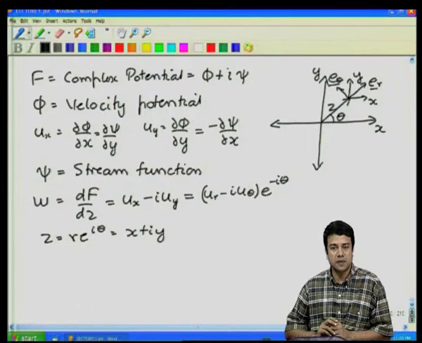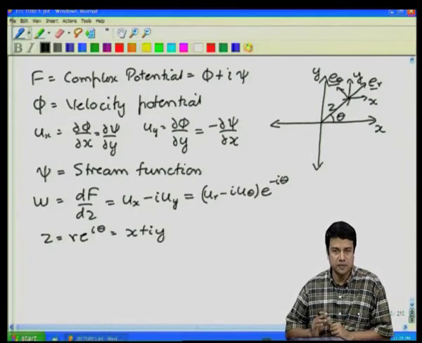The imaginary part represents the stream function for that same velocity field. So, one can ask the question, what velocity fields do common forms of this function represent? Okay. So, we look at some simple functional forms and ask the question, what is the kind of velocity field that is represented by this particular form?